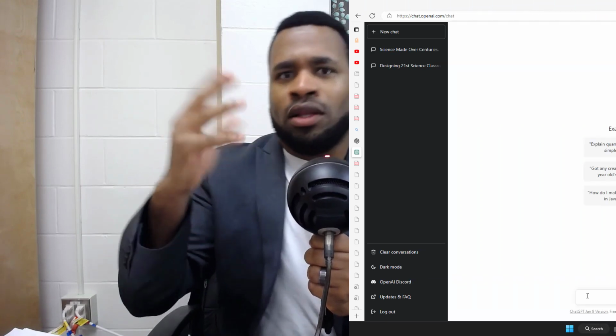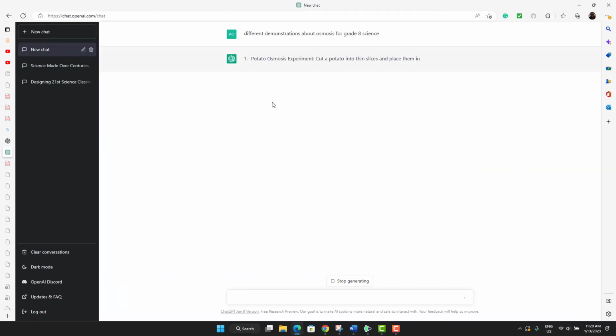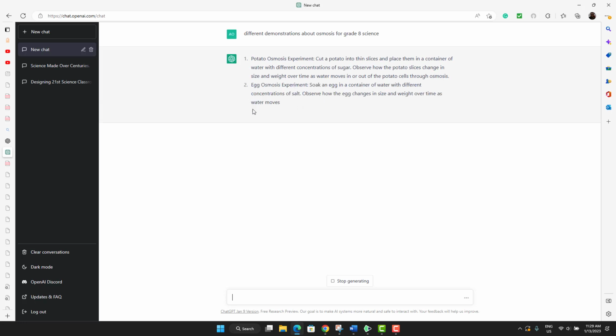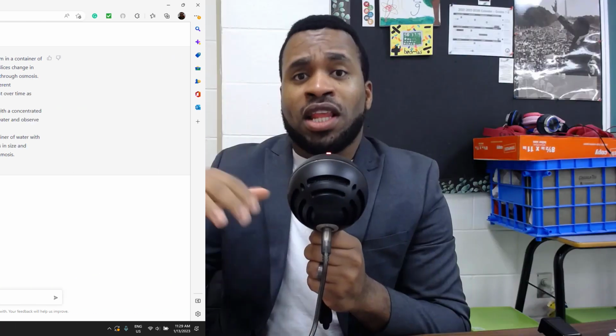This means that you need a little bit of an outline of ideas on how to deliver a specific topic. Let's say, for example, you're looking for a demonstration about osmosis. You can go into the software and type key ideas about demonstration of osmosis, and the results that come out, which are outlined, can be a general point.